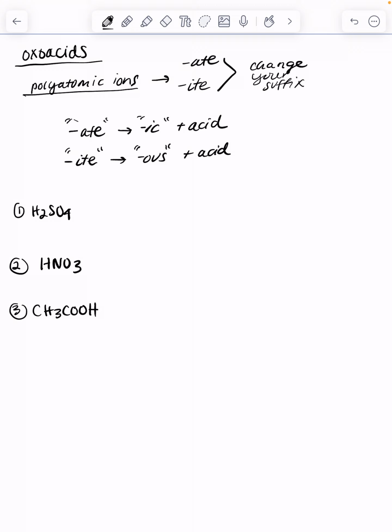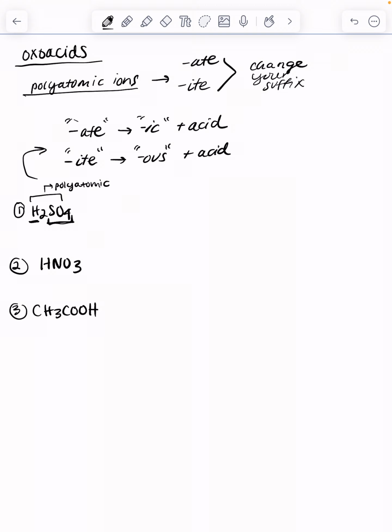Okay, so the first one, looking here, I see that I have hydrogens, cool, and I also have SO4. That's a polyatomic ion, right? And so I already know that because this is a polyatomic ion and not just one element, this is not binary. It has to be polyatomic, so we have to follow all of these rules.